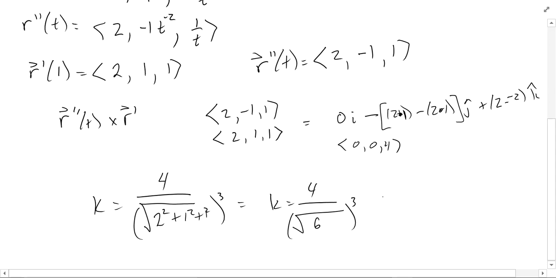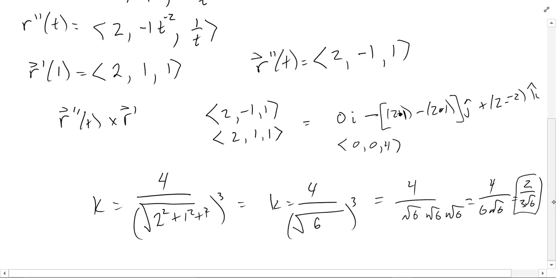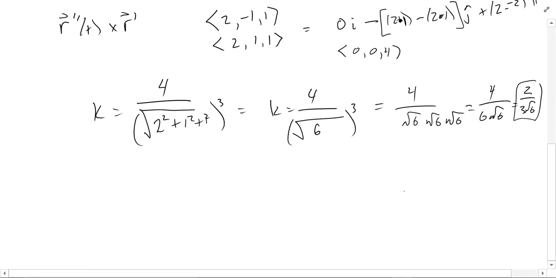We can simplify that some if you want, just for fun. That's root 6 times root 6 times root 6, so it's 4 over 6 root 6, which is 2 over 3 root 6. I think that's about as simplified as we can get. We didn't rationalize the denominator, but that's okay. So 2 over 3 root 6.